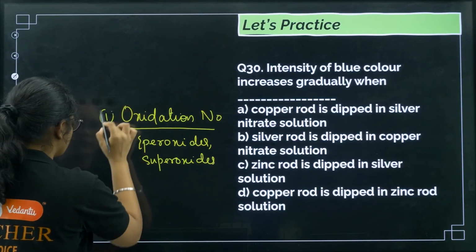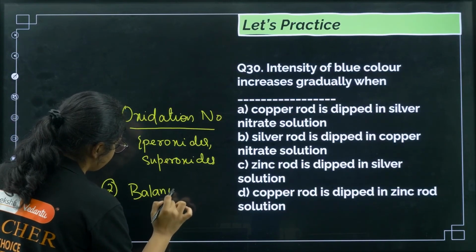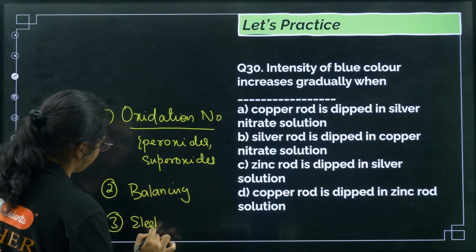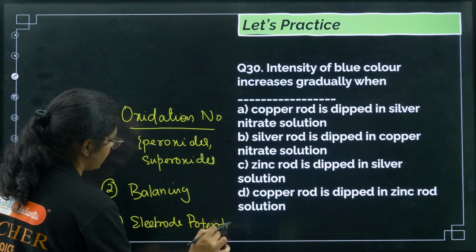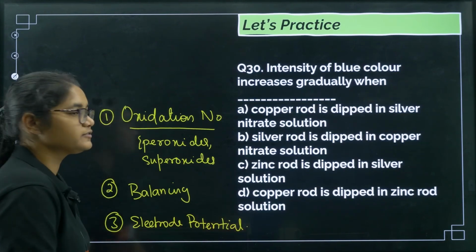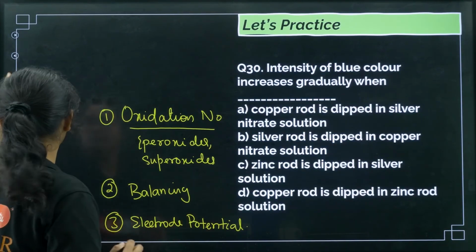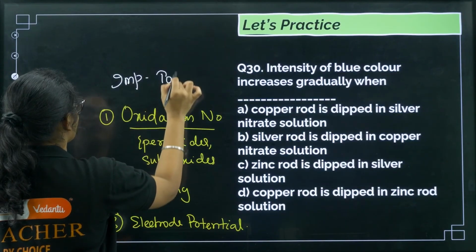And another important topic that you should prepare is balancing of reactions. And the third one is electrode potential, the one which we did, strongest reducing agent, or it can be strongest oxidizing agent. All these three topics you need to focus on more. These are the important topics of this chapter.